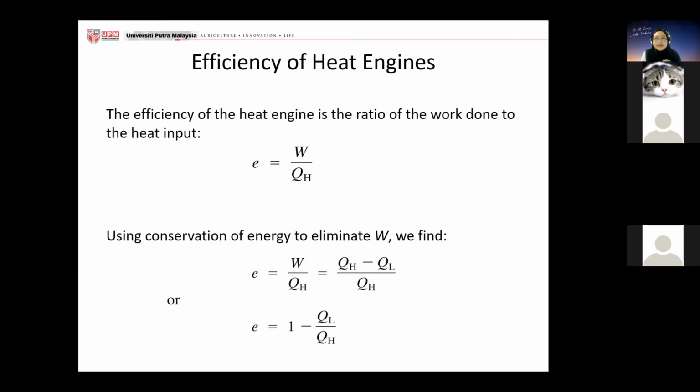For energy conversion efficiency, we look at energy out over energy in. That's why I say if you master the basic principles, you are able to look at everything with a different eye, and you can link everything actually.